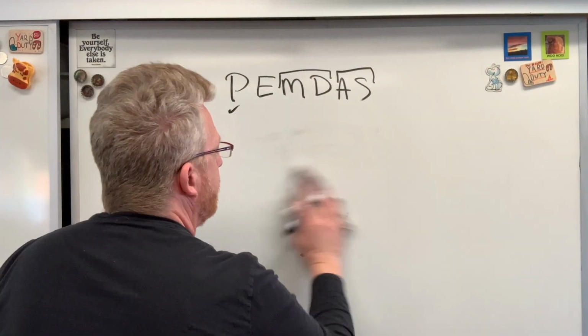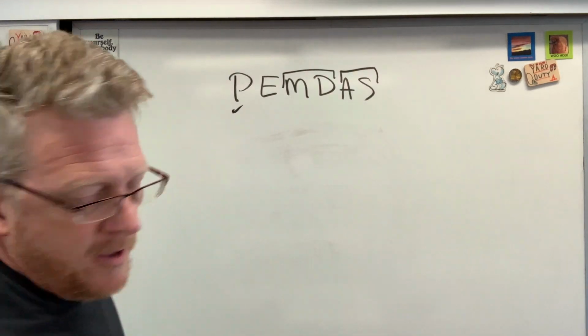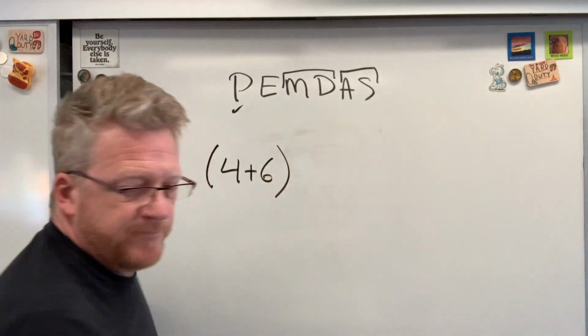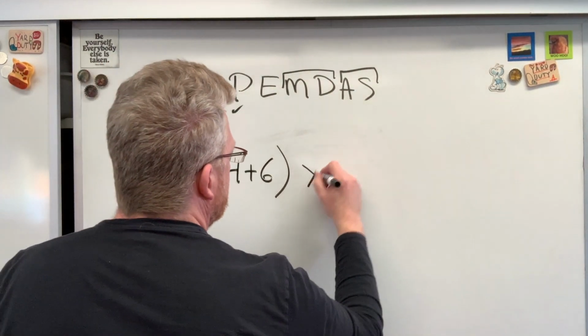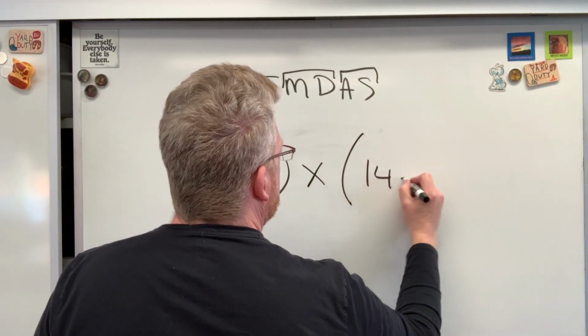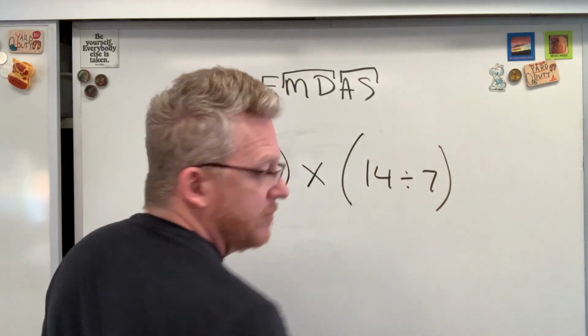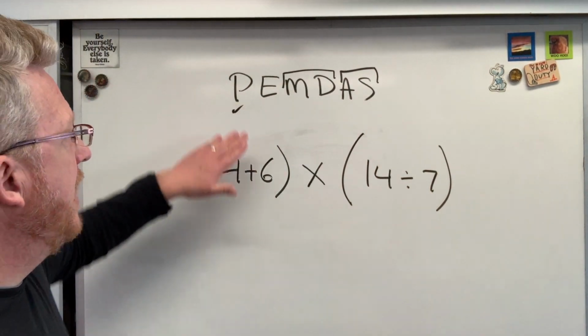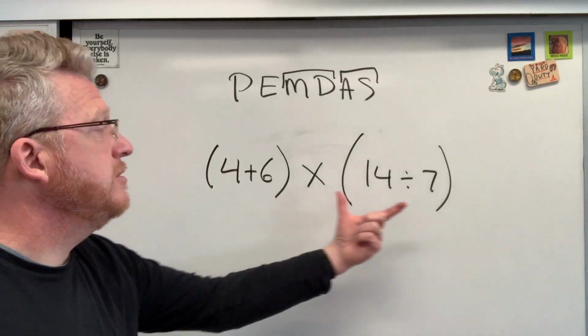All right, second problem. I have parentheses 4 plus 6 times parentheses 14 divided by 7. So here I've got a situation where I've got 2 sets of parentheses.